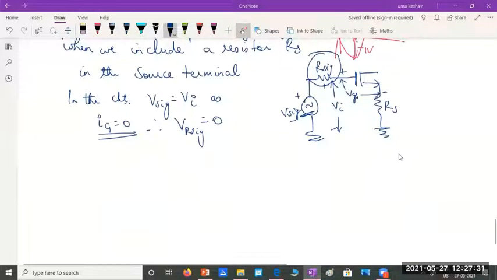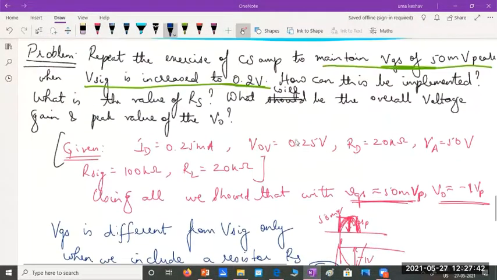Now, by including this source resistance, we are going to get VGS to be less than Vsig. What he is telling in the problem is Vsig has been increased to 0.2, but still you design a circuit where VGS remains at 50 millivolts.